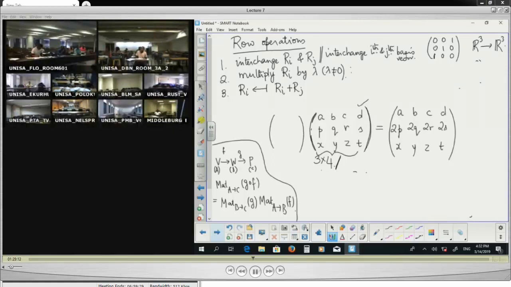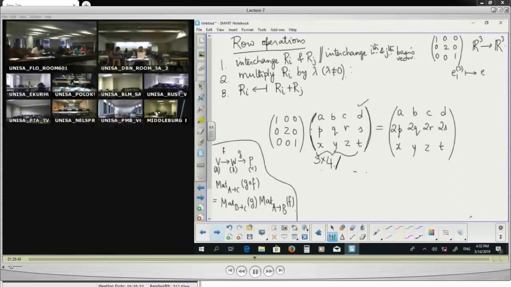So then, what is happening on the basis? They stay the same except the second one multiplied. So your E1 goes to E1, your E2 goes to 2E2.